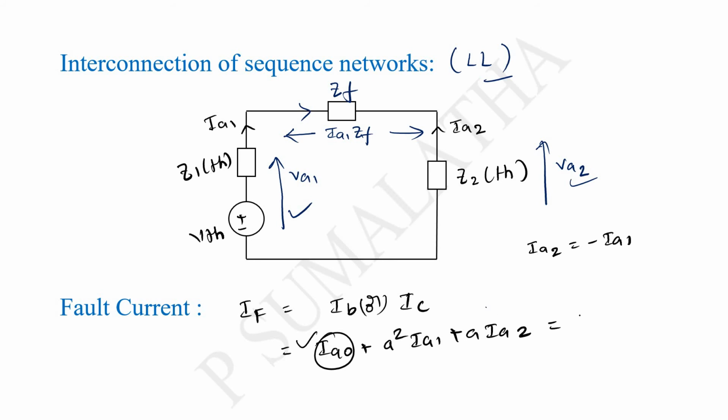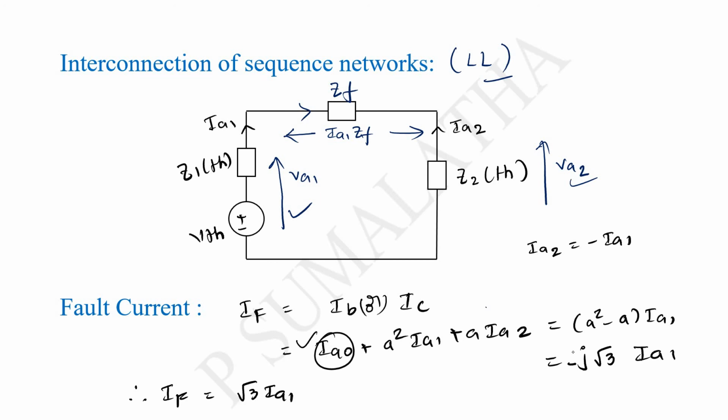You can say this is A square minus A into Ia1. A square minus A is nothing but minus j root 3 times Ia1. Since we are considering only the magnitude, you can just neglect the sign in the imaginary terms. Therefore, the fault current If is equal to root 3 times Ia1.